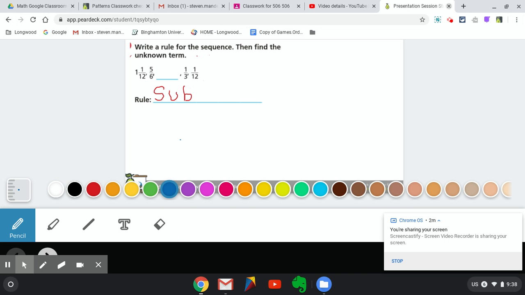So I'm going to go ahead and subtract, or again, find the difference, right? So that's how far apart those two numbers are from each other. So I'm going to take 1/3. That's going to go on top for me because I get to choose my order when we find the difference. So I'll do it right here, 1/3, and I'm going to subtract 1/12 from it.